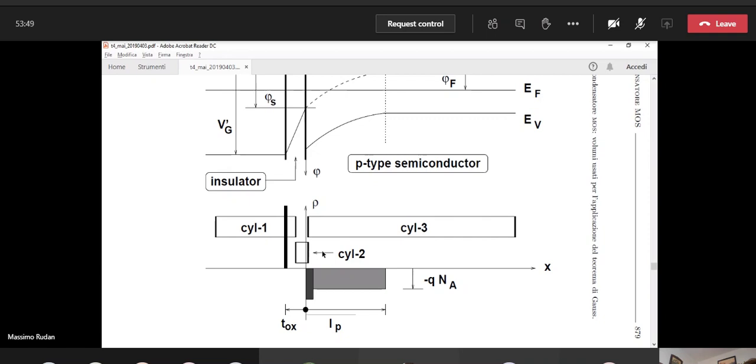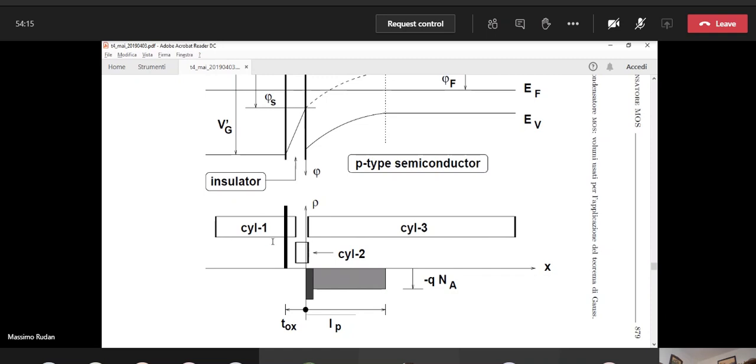And finally, we take cylinder number 3, again with the left face, in this case, very close to the interface, but inside the semiconductor, and the right face far away in the bulk, where the semiconductor is equipotential, so we don't have any field, okay?